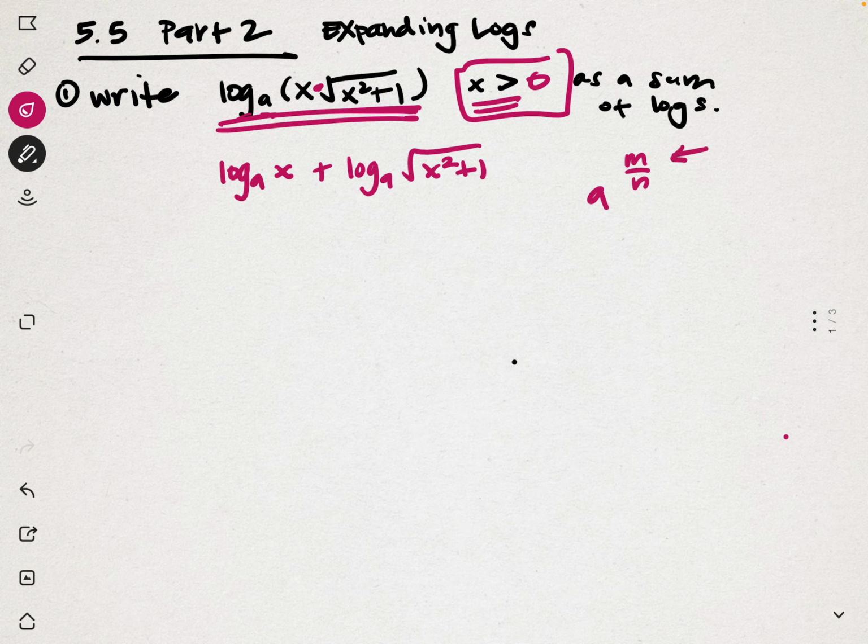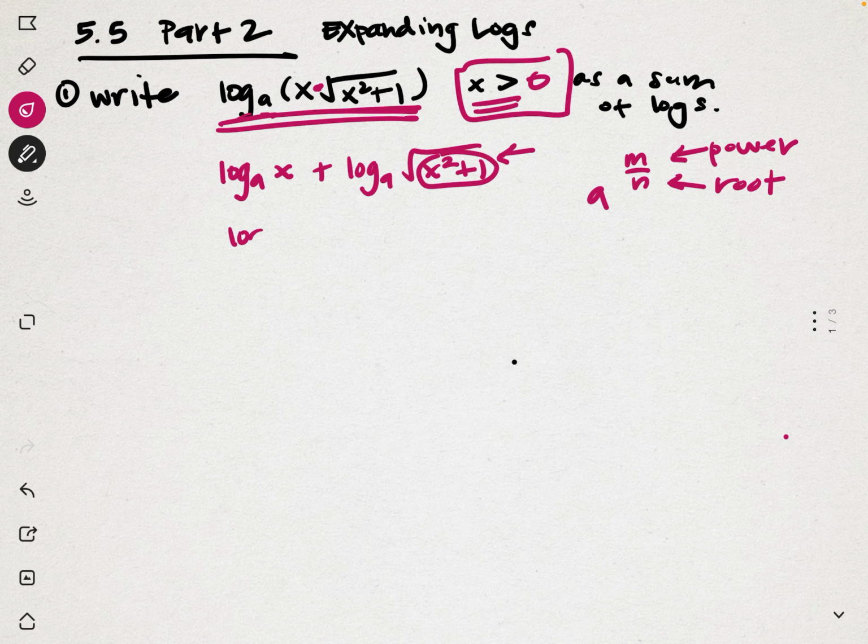Top represents the power, and the bottom represents the root. So if we look at this one here, we have a root which is 2. Square root is 2. There's a power on the x squared, but not on the overall inside of this square root. So it's power 1.